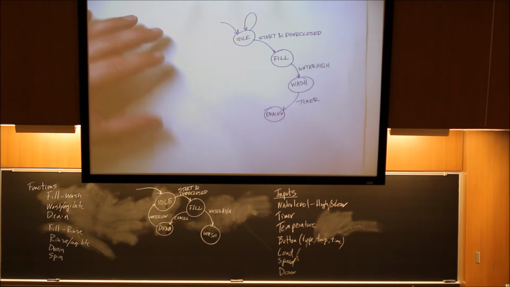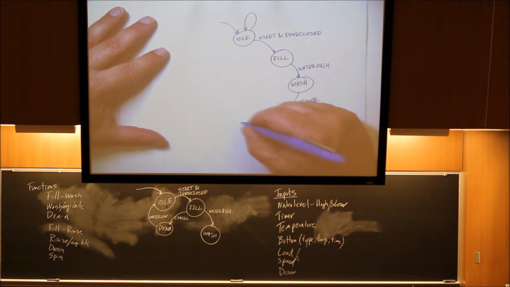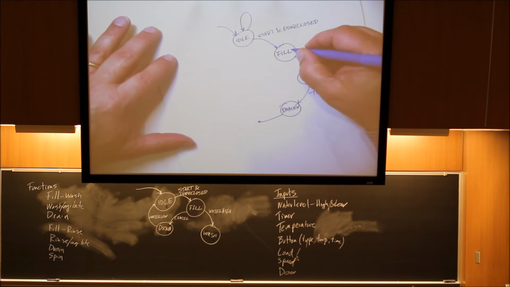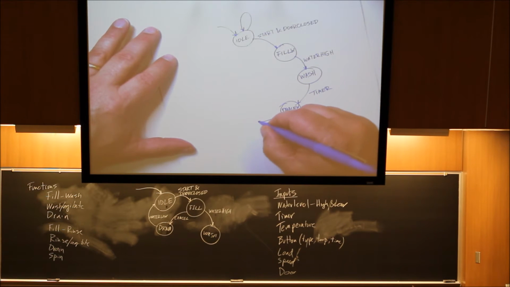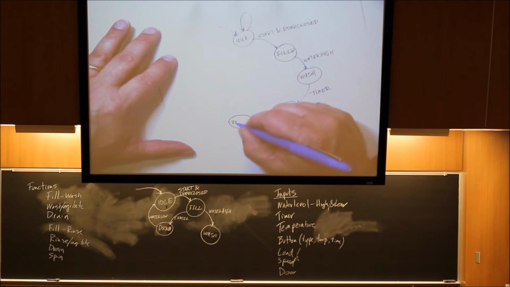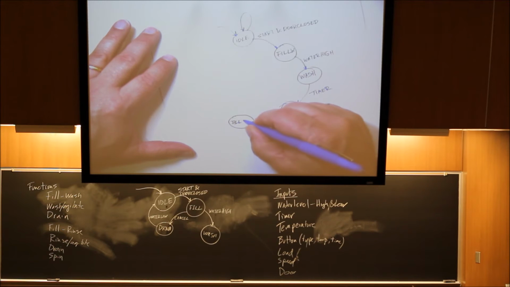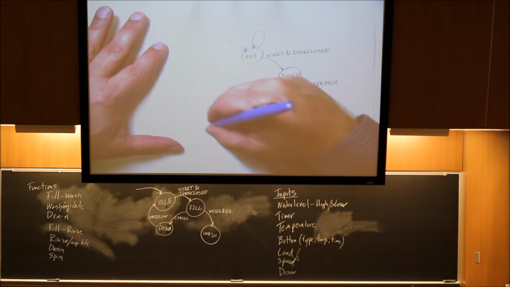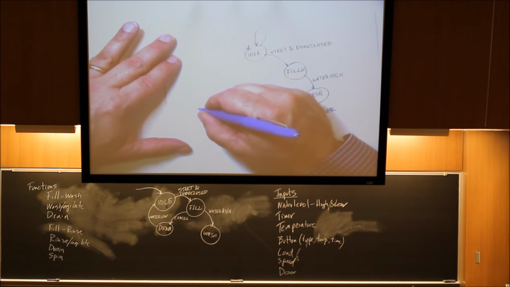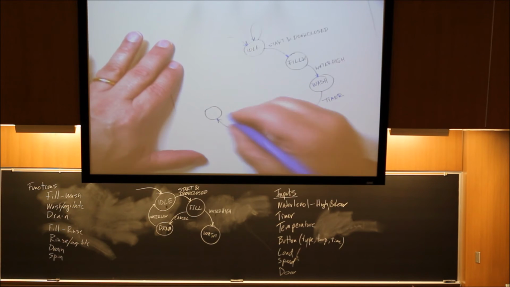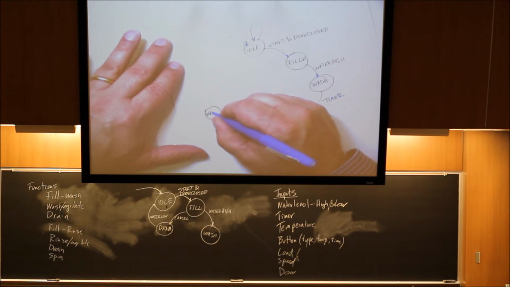So, drain W. And then what did I say next is, maybe I should do fill W here, right? And this next state is going to be fill rinse. And then I'm going to have drain rinse.